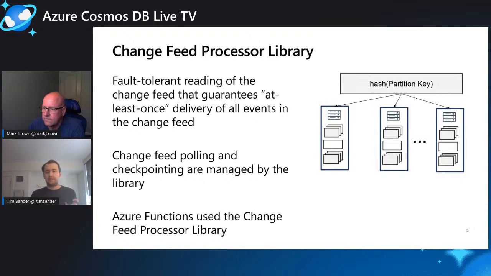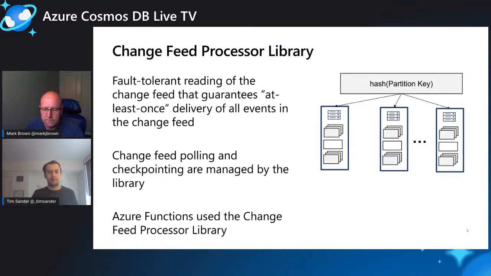The way this is handled is slightly different in functions and the processor library. If I run my code, we'll call it the delegate, when there's a change, the code in the delegate runs, let's say it sends an alert or something like that. If there's an exception thrown in that code, and you were using the change feed processor library on its own, we'll retry those changes again.